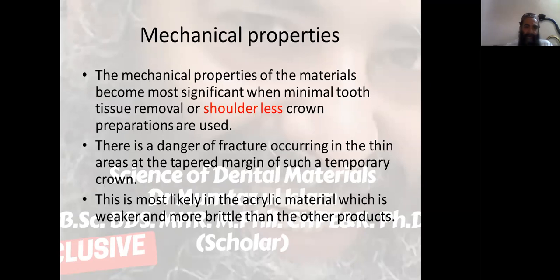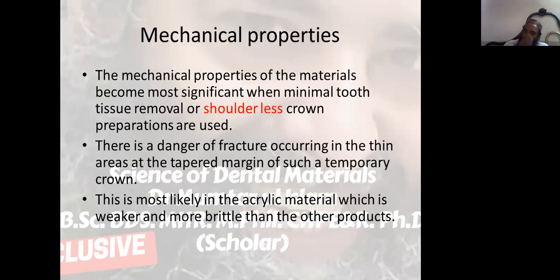So there will be a danger of fracture occurring in the thin areas, especially as it is also thin because we have minimal tooth tissue removed, and a shoulderless preparation.